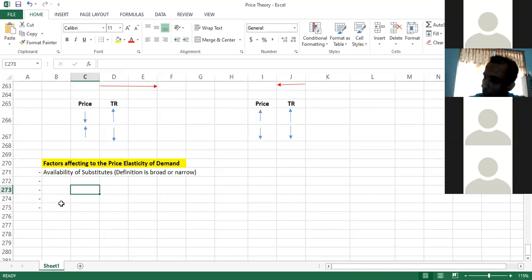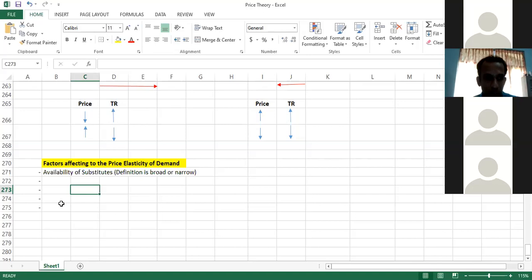But when we consider one particular vegetable, for example, carrot, now what is the definition? The definition is very narrow. Vegetable is a broad definition, but carrot is a very narrow definition. If the overall vegetable price increases, we still have to buy vegetables. But if the carrot price increases, is it essential to buy carrot?